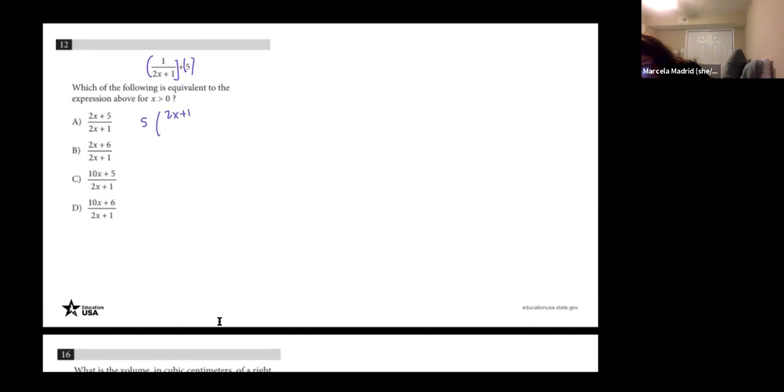by the denominator on the first term, which is 2x plus 1. Again, 2x plus 1 over 2x plus 1 is just 1 because it's the same thing over itself. So then you have the new equation, which is 2x plus 1 plus 10x plus 5 over the same denominator, which means you can combine them.